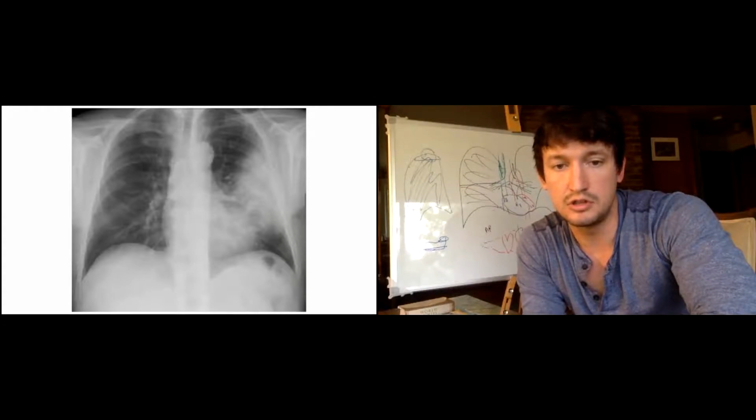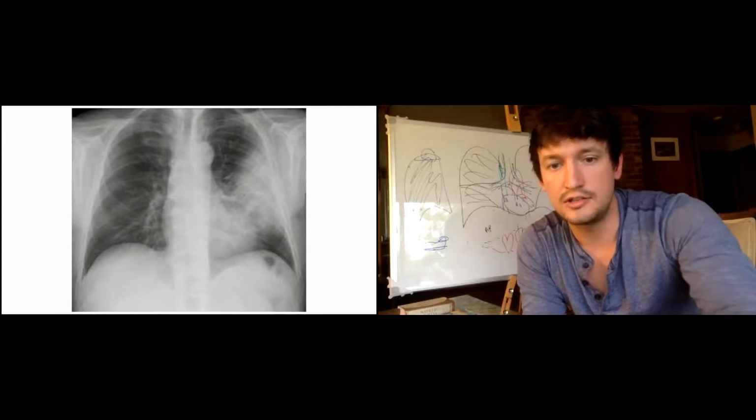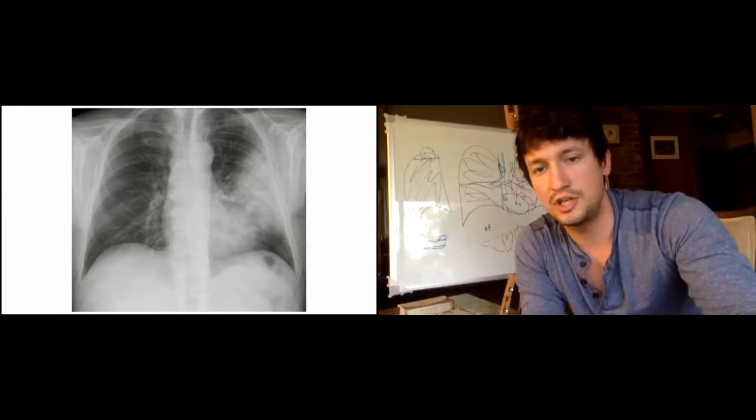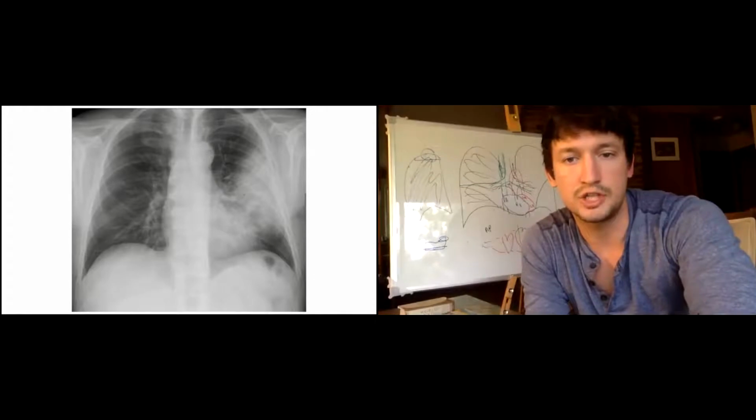There's a right middle lobe, but no real left middle lobe. But this is a left upper lobe consolidation. You can see the left heart border is opacified. It could be in the lingula a little bit, but the lingula is more behind the heart a little bit. Next slide.